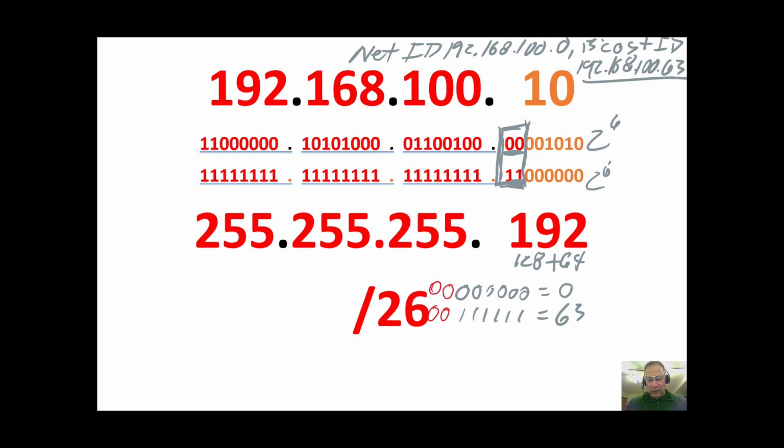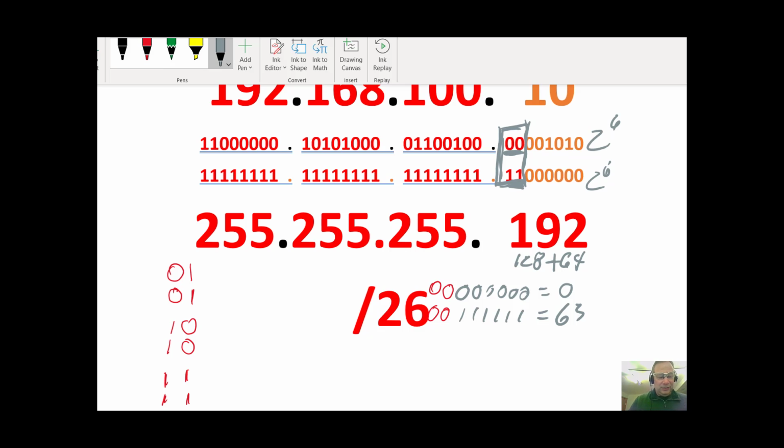But if we went to another system where the address had a 0 and a 1, or a 1 and 0, or a 1 and 1 in the 7th and 8th positions of that fourth octet, then your addressing space would look a little bit different.